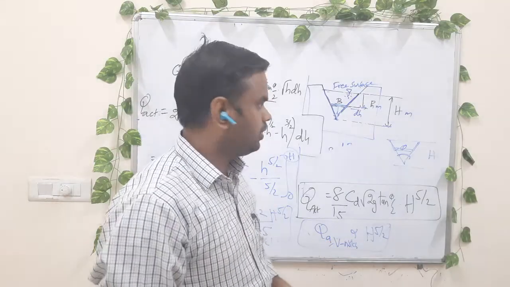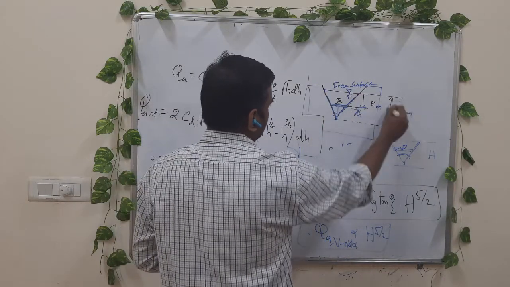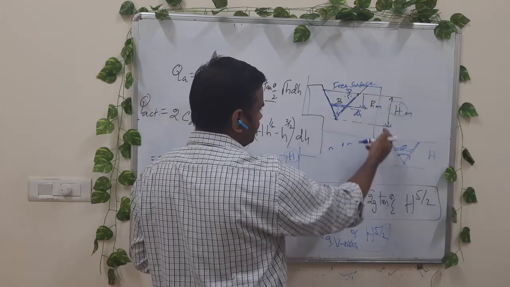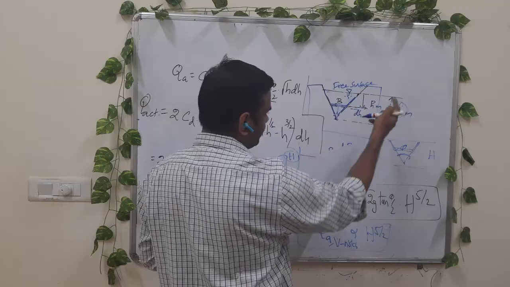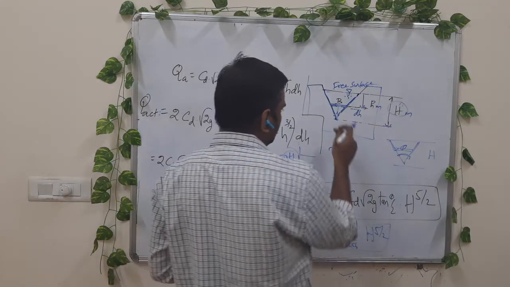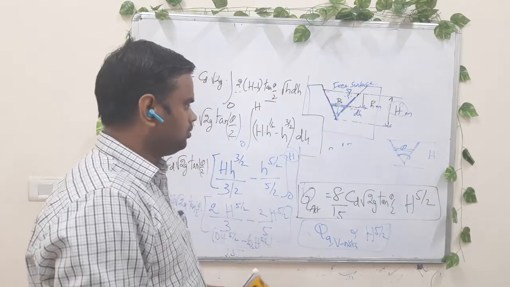So when the opening is a triangular notch, it is h power 5 by 2. When the opening is a rectangular notch, the volumetric flow rate is proportional to h power 3 by 2.